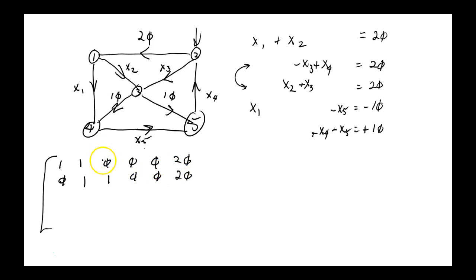Right? Okay. And then we'll do the third one. 0, 0, minus 1, 1, 0, 20. Then 1, 0, 0, 0, negative 1, negative 10, and 0, 0, 0, 1, minus 1, 10.